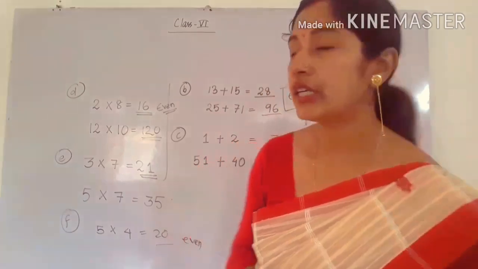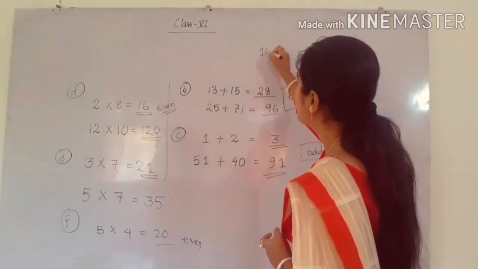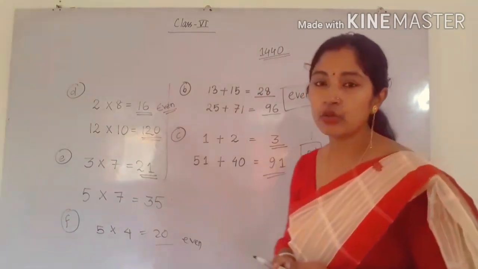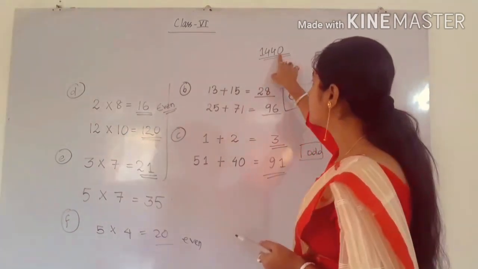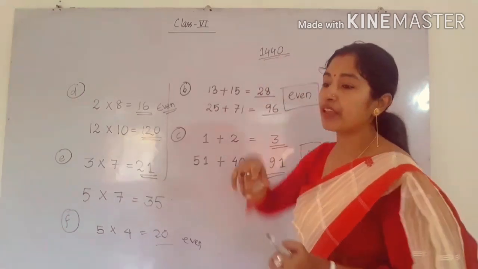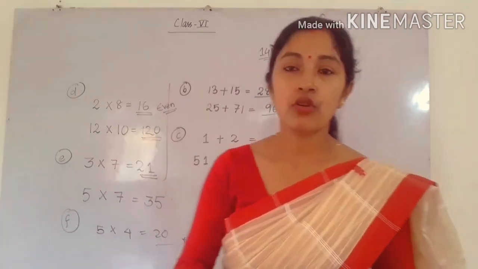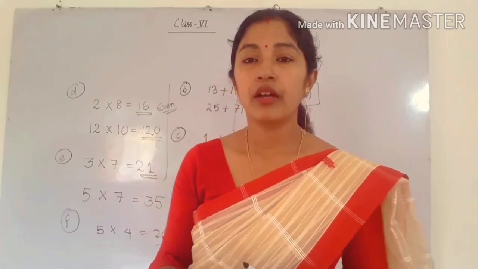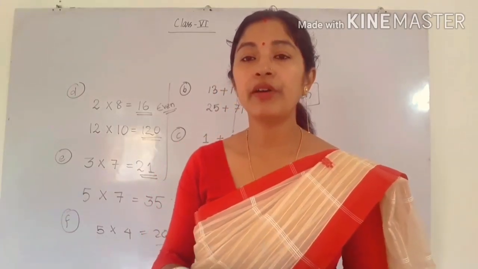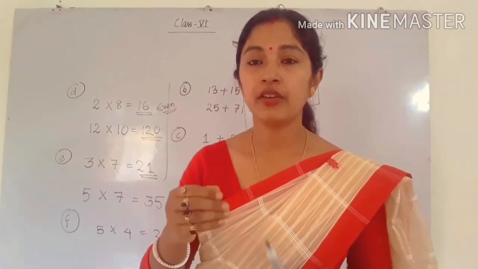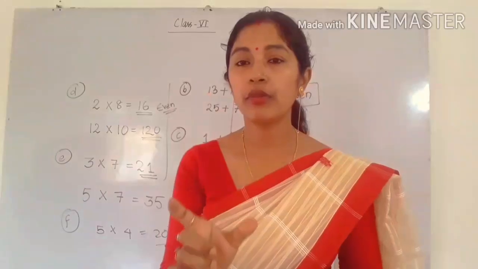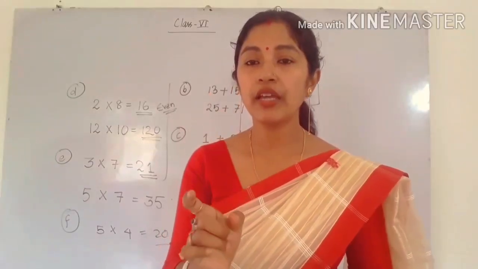For example, if I take the number 1440, this number is divisible by 2, as in the unit place it has 0. In short, we can say that if the digit in the unit place is a multiple of 2, then the whole number is divisible by 2.